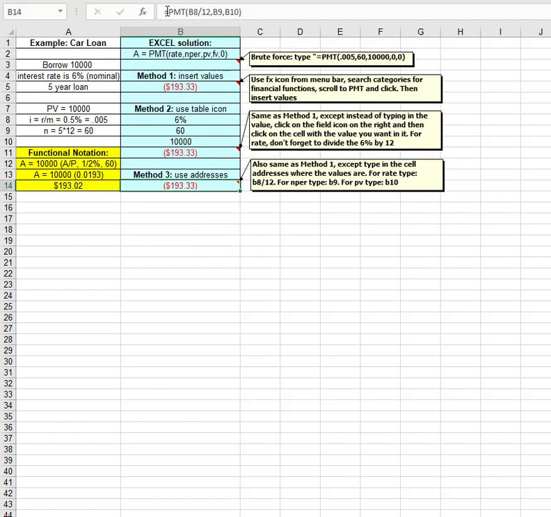So keep that in mind. In other words, if you're typing in a cell, you have to have that little equal sign. So anyway, this is how to use Excel functions and the functional notation to make cash flow calculations.